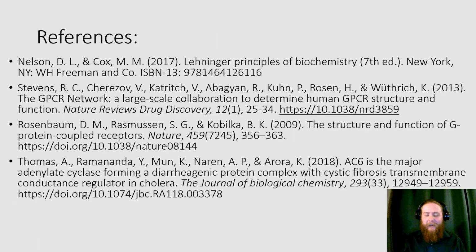This concludes our introductory jaunt into GPCRs. There's a lot more to learn about these, but I hope that this gives you the basics. After watching this, you know what GPCRs, G protein-coupled receptors, are, and you have at least an introduction to the different types of them. You can see what their basic structure is, that most of the 1,000 or so GPCRs in humans have the same basic structures as the ones we've looked at.